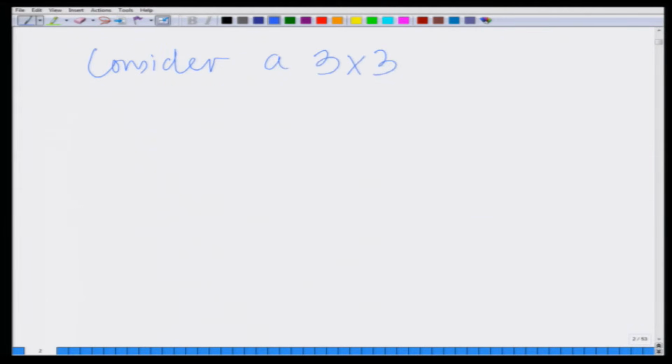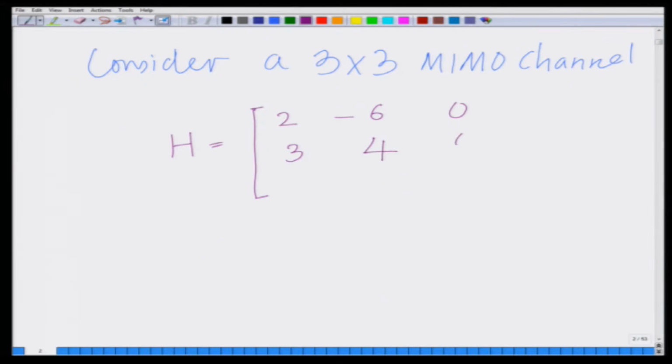So, let us say we have a 3 cross 3 MIMO channel, that is the MIMO channel matrix is H, which is given as 2 minus 6 0 3 4 0 0 0 2.